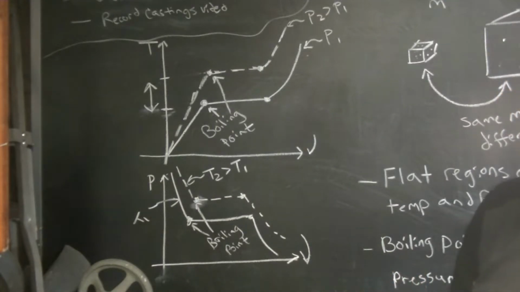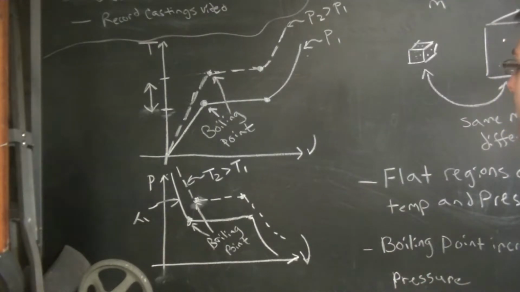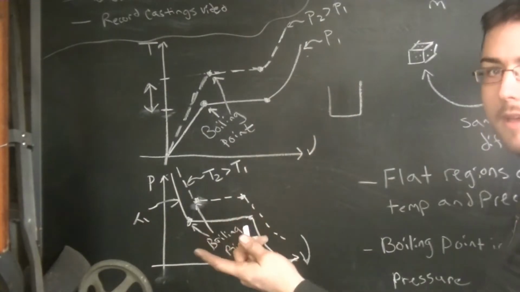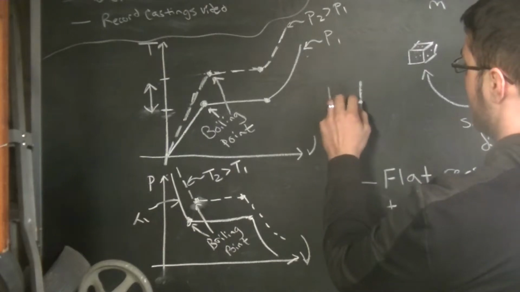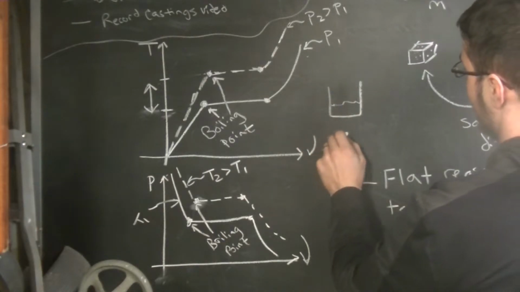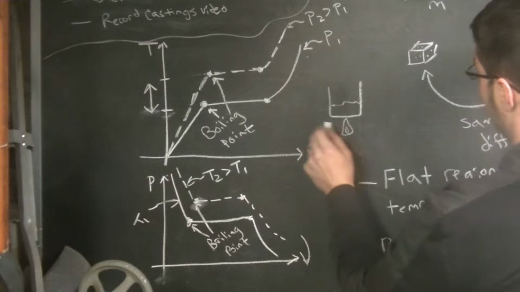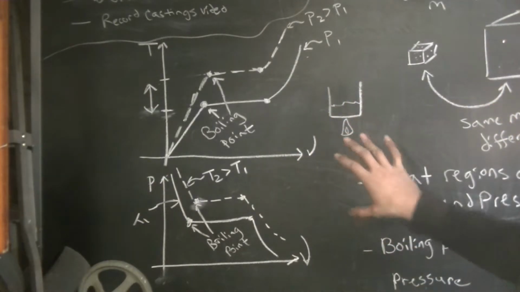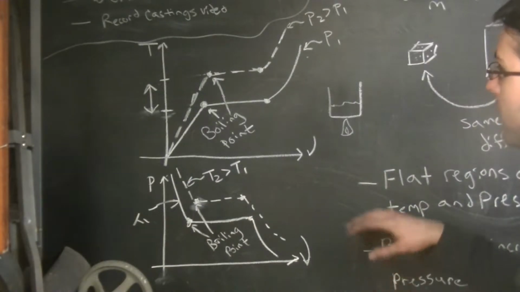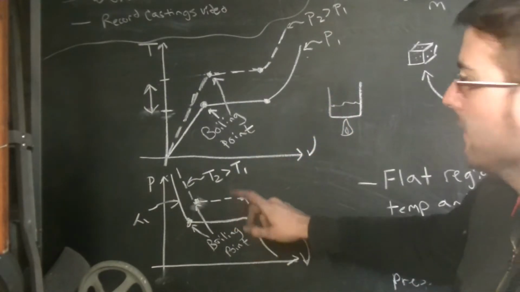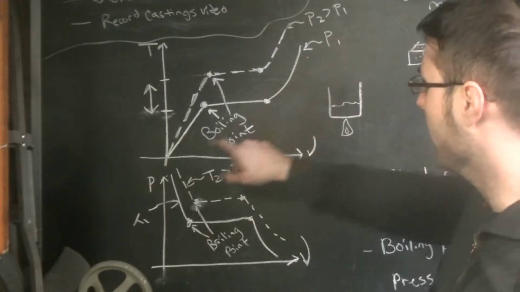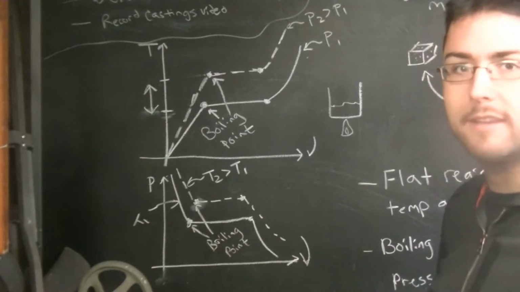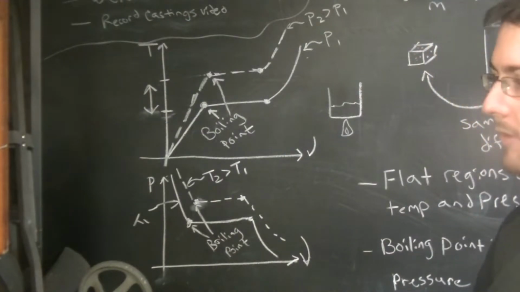In this particular case, just imagine we have a little vessel that's open. It's not closed yet, and let's say there's some water in it, and we're heating it up with a little flame. That's what we're dealing with right now. If we look at the TV diagram first, what happens when temperature is low is that the state of the water is going to be what's called a compressed liquid.